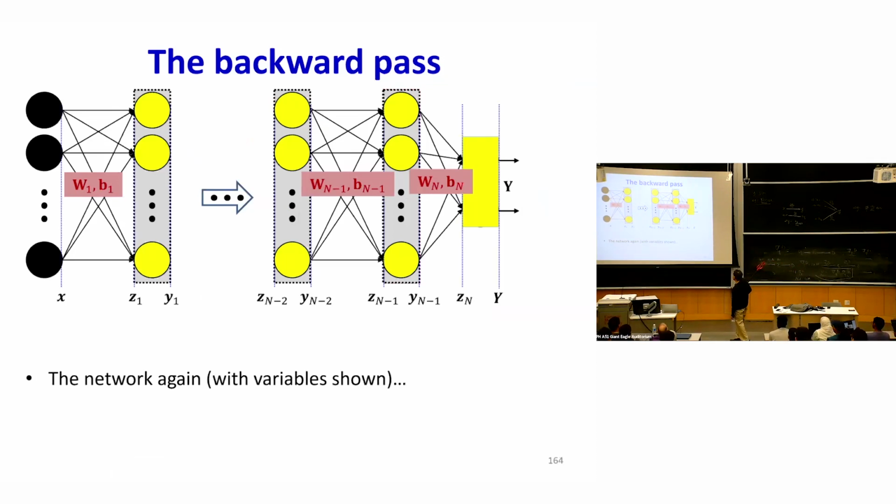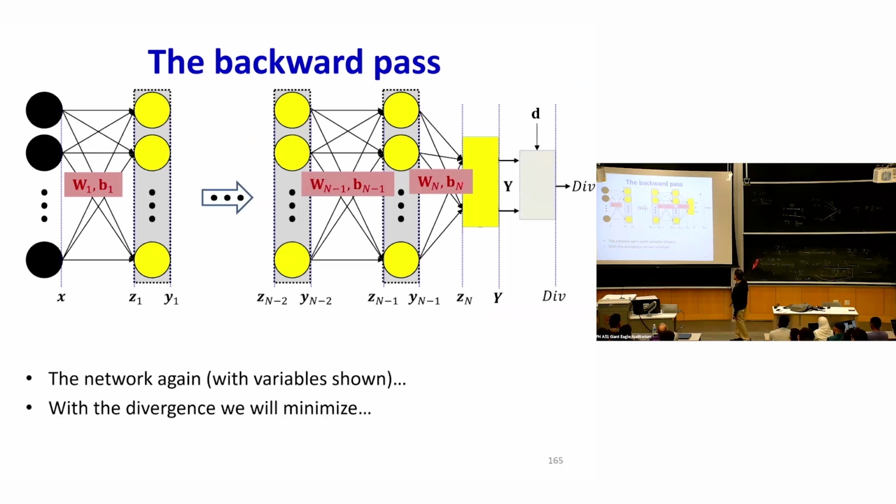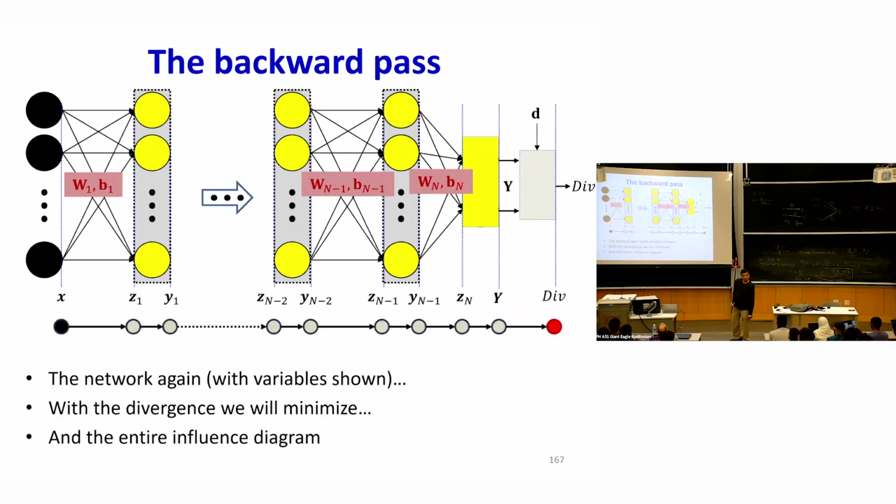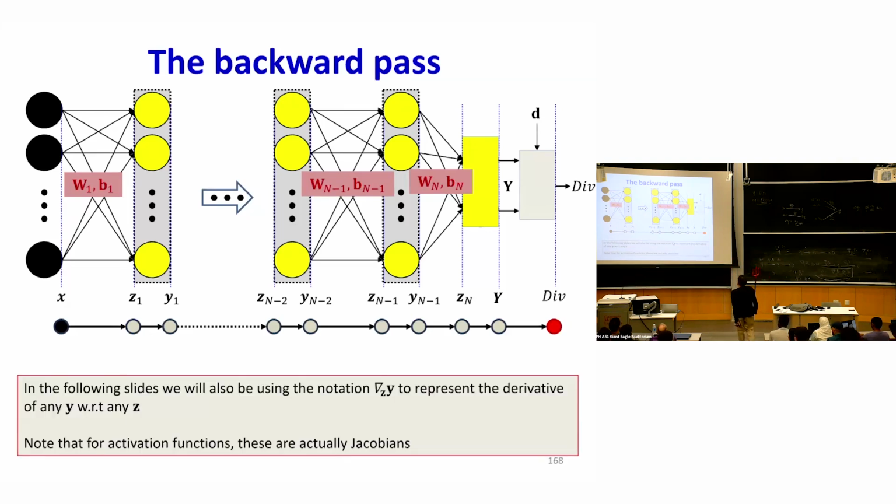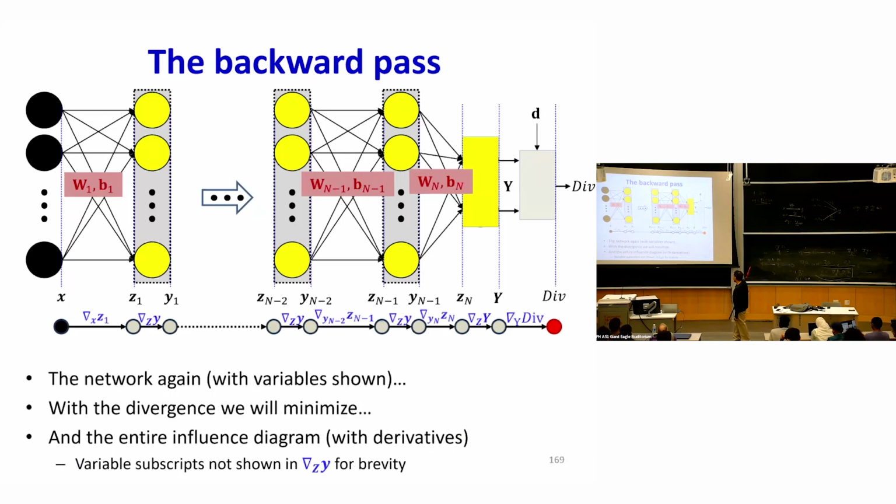So here's what I can do. Here's my network again with all the variables in vector format. I can define my divergence. This is my chain of influences in this picture. And I'm going to use this inverted triangle notation to represent derivatives everywhere. So here are all the derivatives for every single edge.